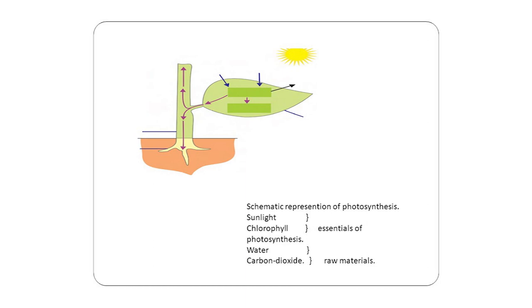Sunlight and chlorophyll are the essentials of photosynthesis, whereas water and carbon dioxide are the raw materials for photosynthesis. These 4 are a must for photosynthesis to occur. Sunlight and chlorophyll as essentials, water and carbon dioxide as raw materials.